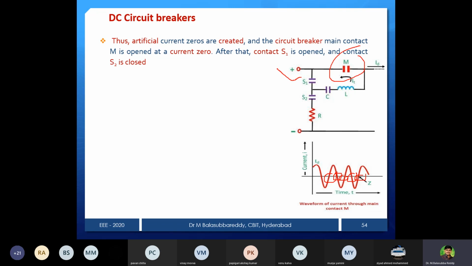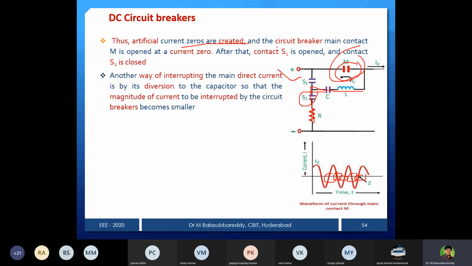S1 is going to be open while contact S2 is closed. Once the artificial current zero is created and the circuit breaker main contact M is open, there is no meaning in keeping S2 closed. So you can open that, and S2 is going to be closed. Now that means the cycle is going to be repeated. So that is one way.